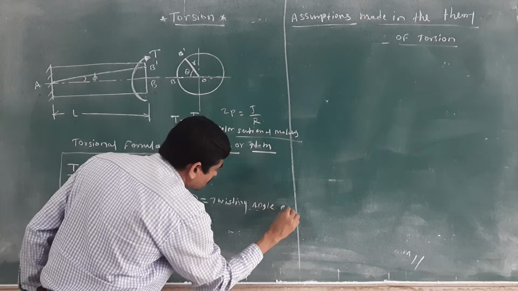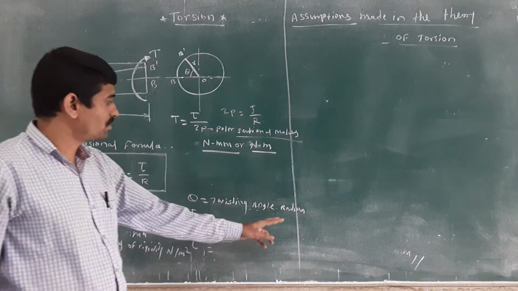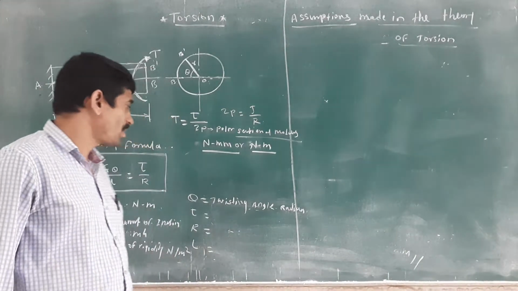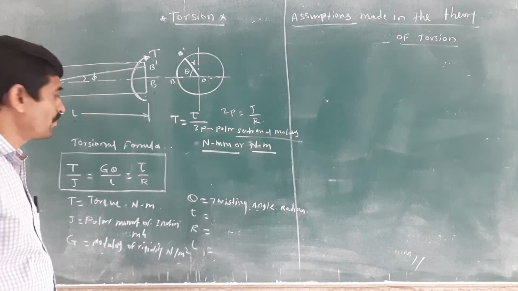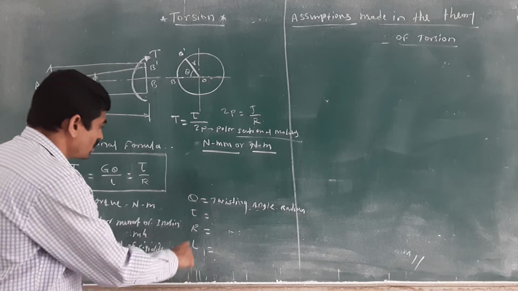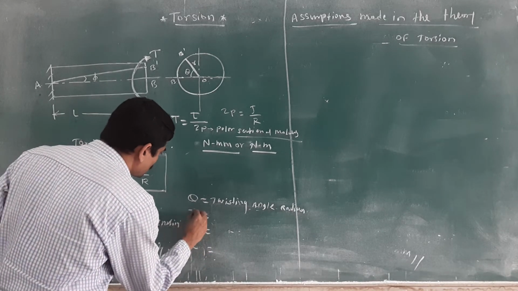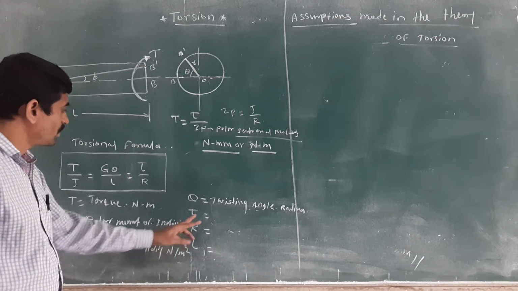You know this angle is given in radian. If it is given in degree, then you have to convert it to radian. You know there is a formula, pi divided by 180. You can convert this into degree, or vice versa.